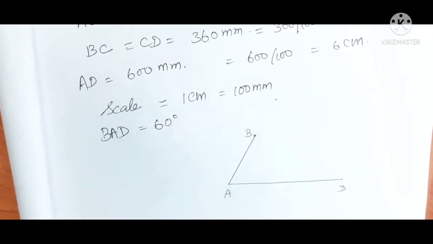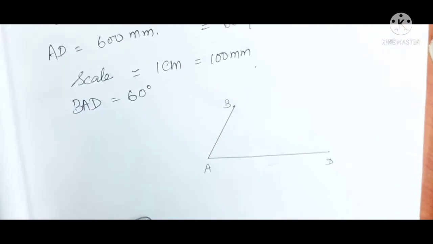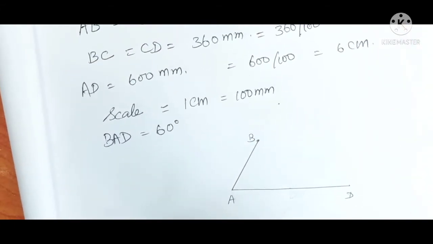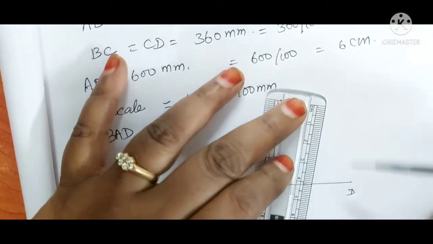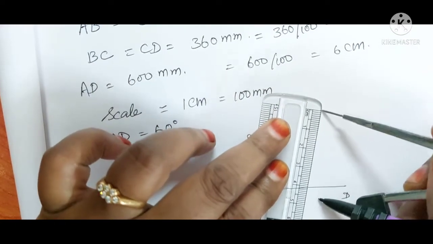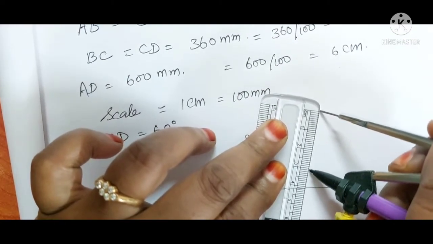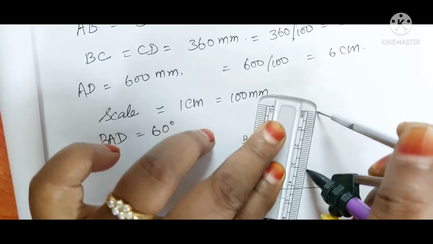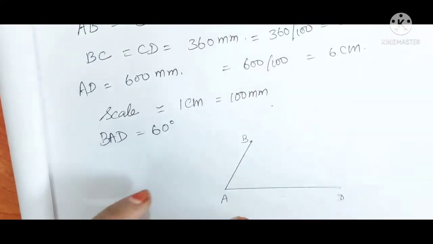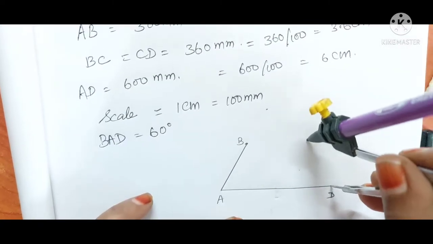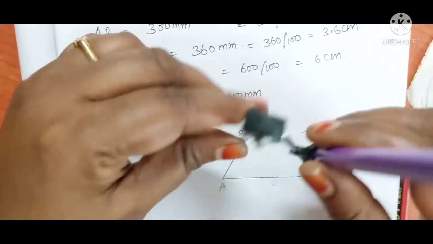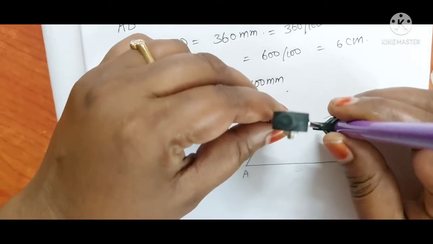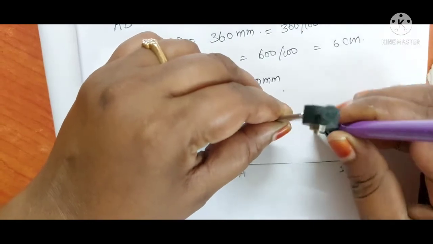Now from the given data, BC and CD are 360 mm, that is 3.6 centimeters. Measure 3.6 centimeters on the scale, and from D make an arc, and from B make an arc, because both are the same length.